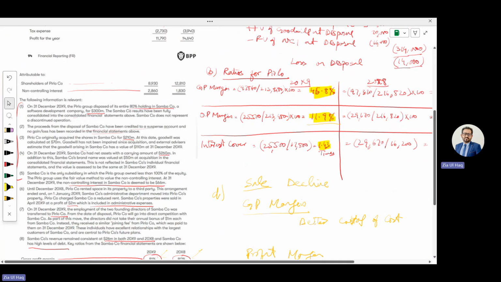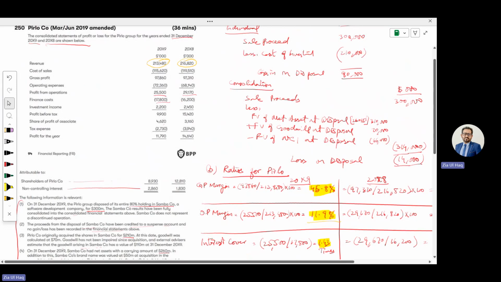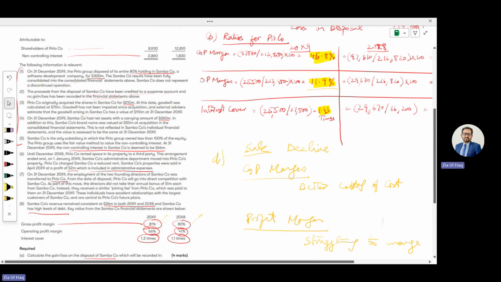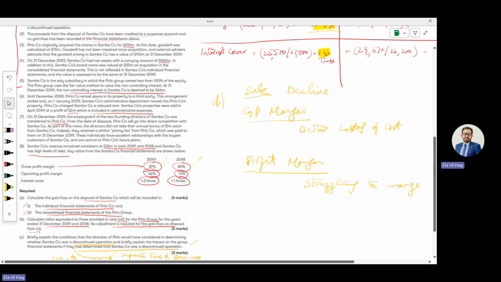And if we see the profit and loss account, the main operating expenses have increased despite a decrease in sale, operating expenses have increased. Finance cost slightly increased. Might be the finance cost increase is due to what? Due to Samba being highly dependent upon debt, but operating expenses have increased. So this means the company is struggling to manage its operating cost.